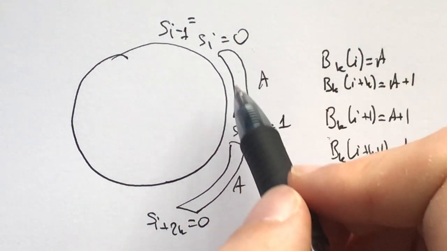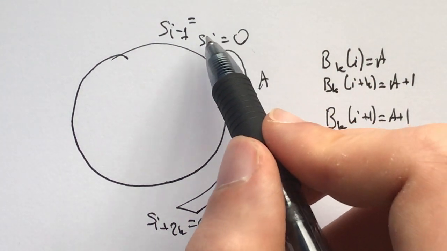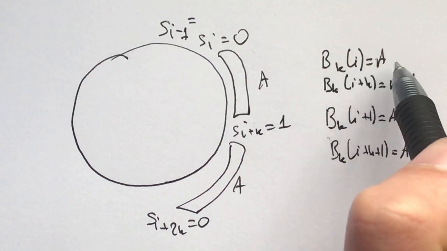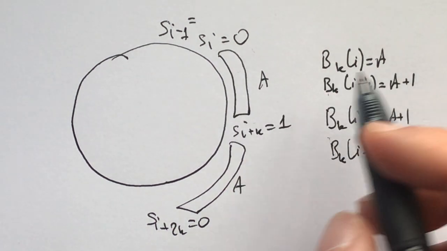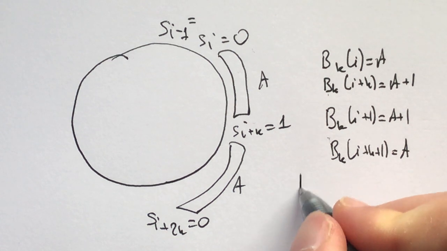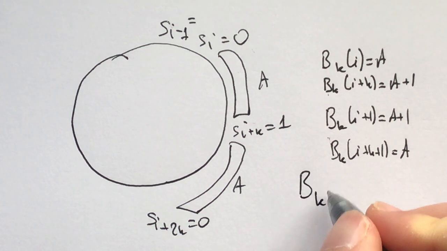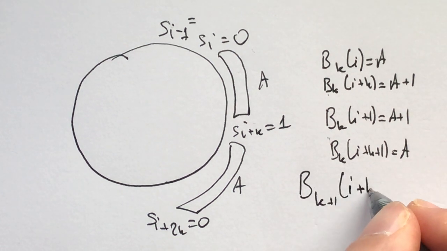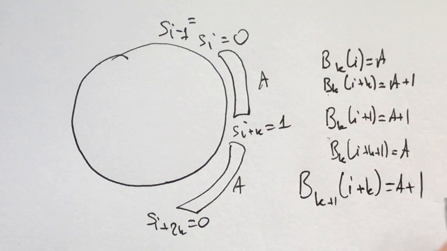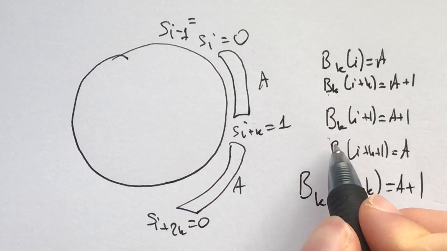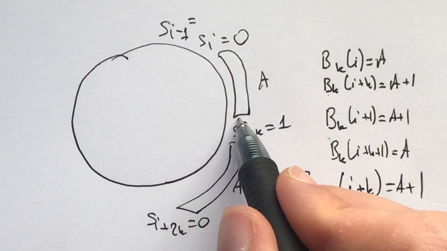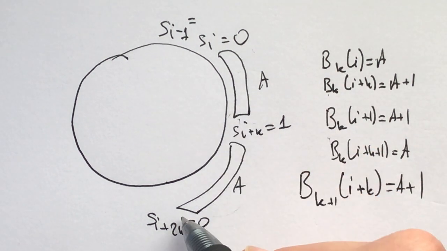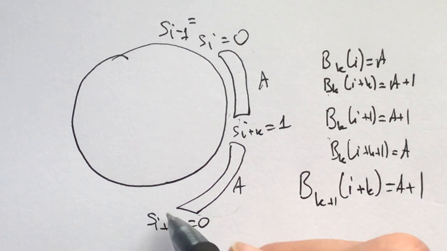So here, what we have, the sum b_k(i) is a, b_k(i+k) is a plus 1. And we also know that b_{k+1}(i+k) is also a plus 1 because this is 0. And b_k(i+k) is from here to here, just before this point right here.